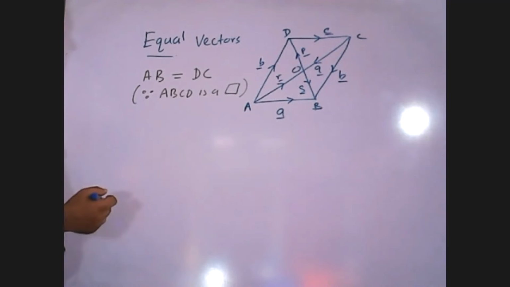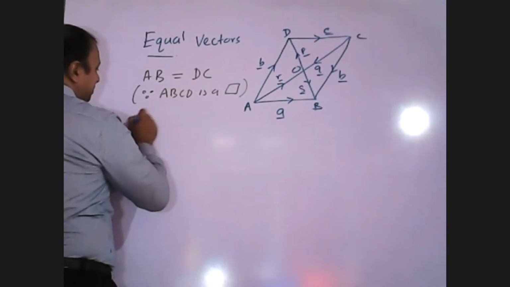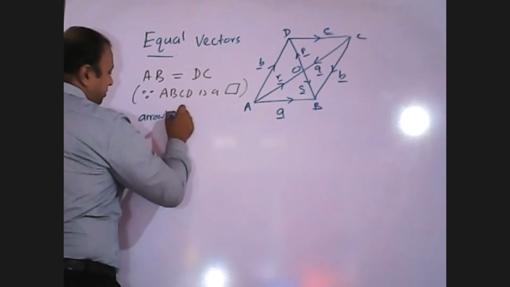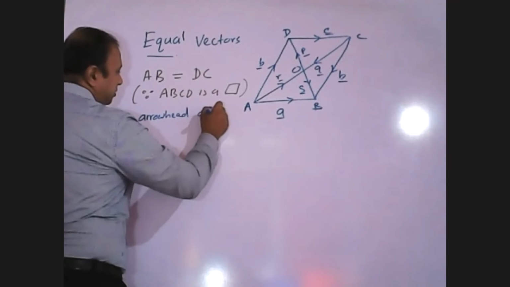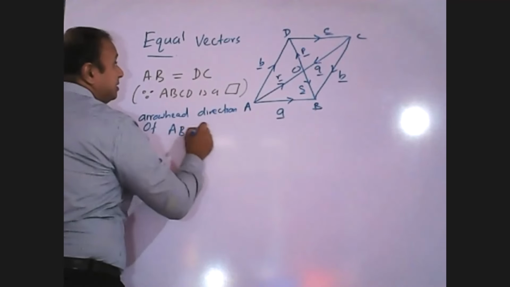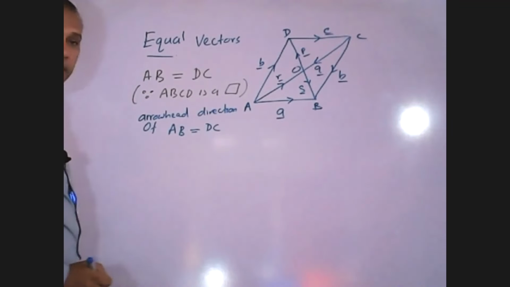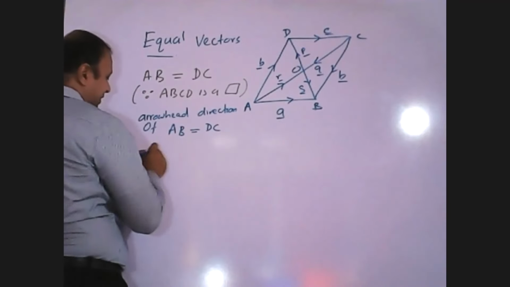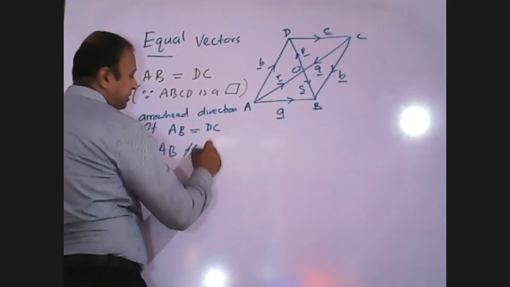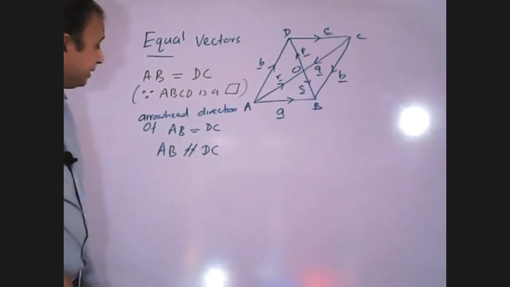Then the arrowhead direction: the arrowhead direction of A to B is equal to D to C. The other thing is AB is parallel to DC, and the arrowhead direction is equal to the arrowhead direction of DC.